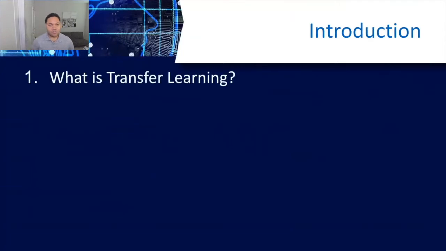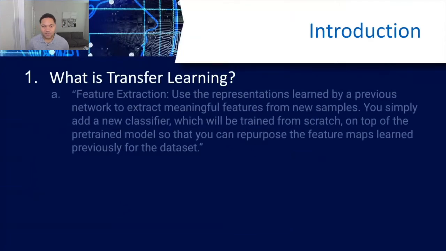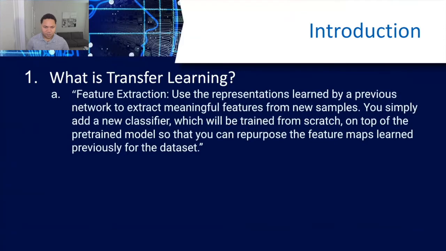So, what is transfer learning? Well, I took this little blob of text right here from the TensorFlow website because I felt like this is actually very, very close to how I would describe it. But transfer learning is essentially feature extraction. You're using the representation of information learned or the feature space learned from a previous deep learning network that was trained on some data.